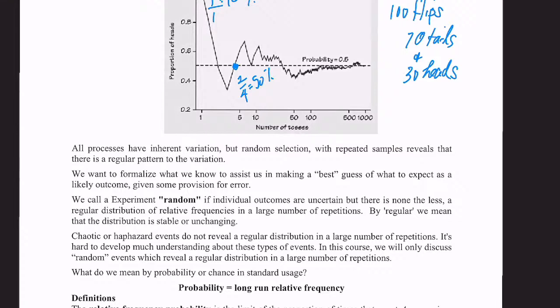With 70 tails and 30 heads, he tells you, well, it looks like I'm having 30% heads.